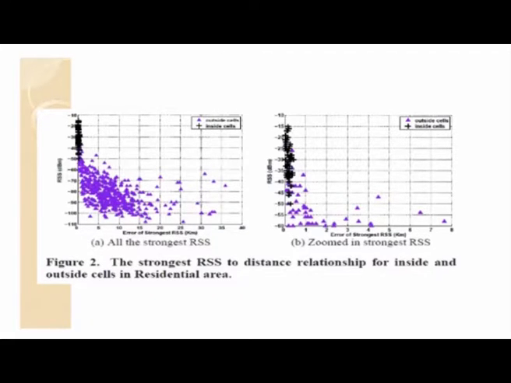And what does the stronger signals mean? Basically, that means you consider signals which are greater than minus 60 dB. So now see, the next picture is cutting from here this part, and actually creating a new picture.